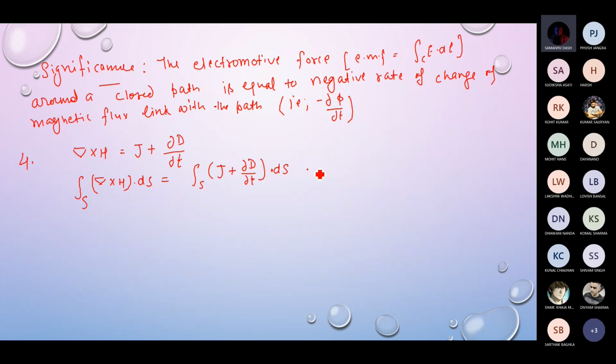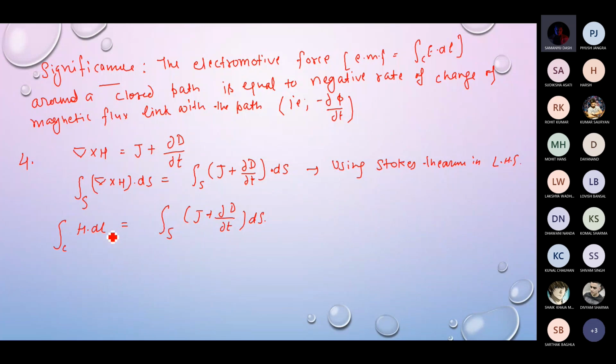So using Stokes theorem on the left hand side, this becomes line integral H dot dl is equal to surface integral of J plus dD by dt dot ds. So this represents Maxwell's fourth equation in integral form.